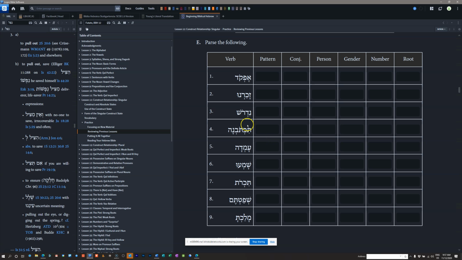So let's see, is tav ever used as a prefix? Well, yes, in the qal imperfect, tav gets used as a prefix for the 3fs, the 2ms, and the 2fs, as well as the 3fp, the 2mp, and the 2fp.